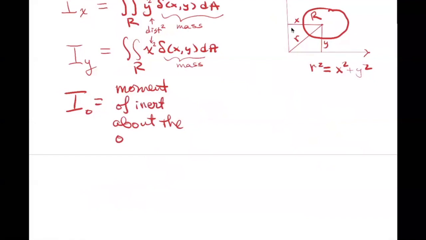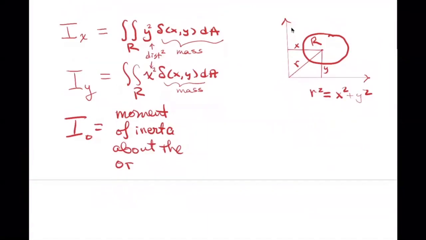About the origin. So you're just taking this region and spinning it, or at least trying to spin it, and its moment of inertia is its resistance to any torque that you apply to it. Nothing likes to be moved if it isn't moving. So its inertia is, well, we said it's r squared, the distance squared.